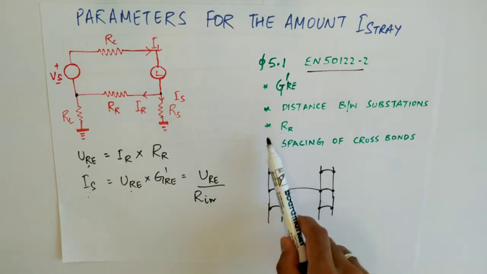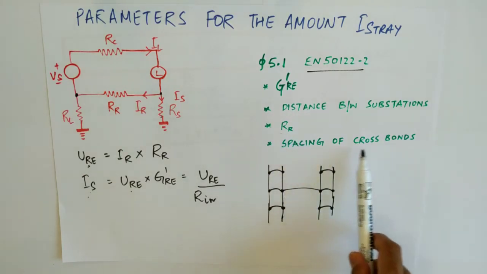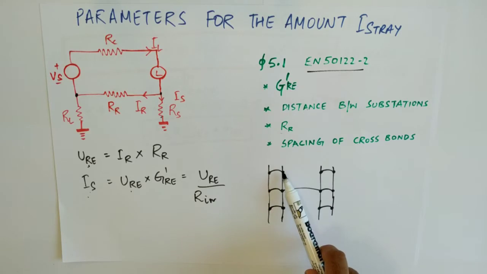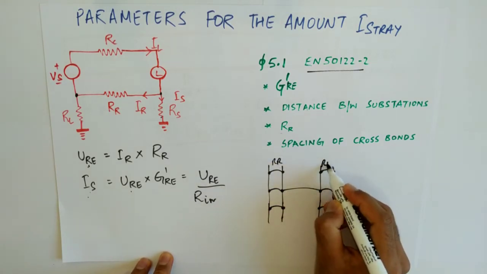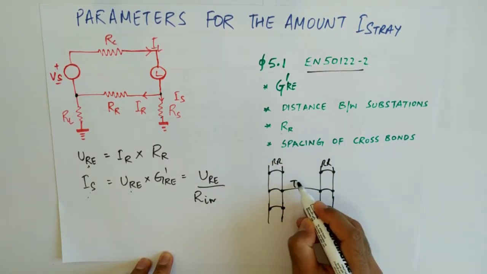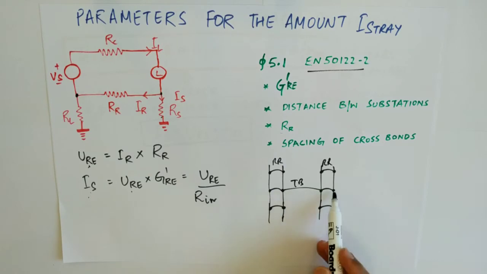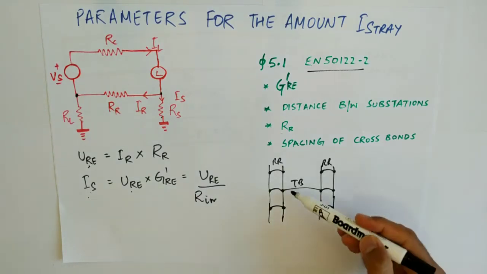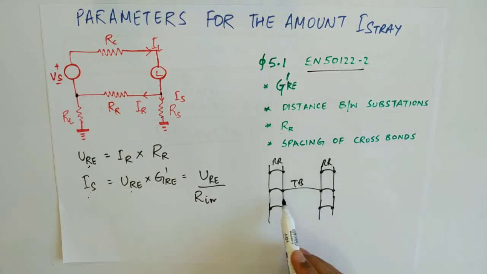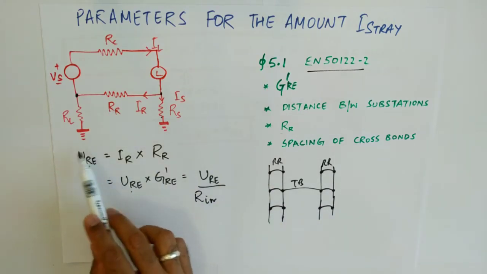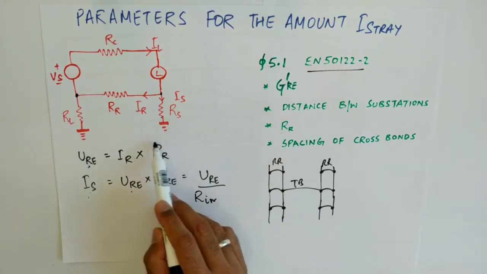In order to reduce this running rail resistance, we do cross bonds. So if you are doing cross bonding, then this is your rail to rail bond between 2 rails, and this is your track bond between the upline and the downline. If the spacing between these track bonds is higher, there will be more rail potential because your resistance will increase.